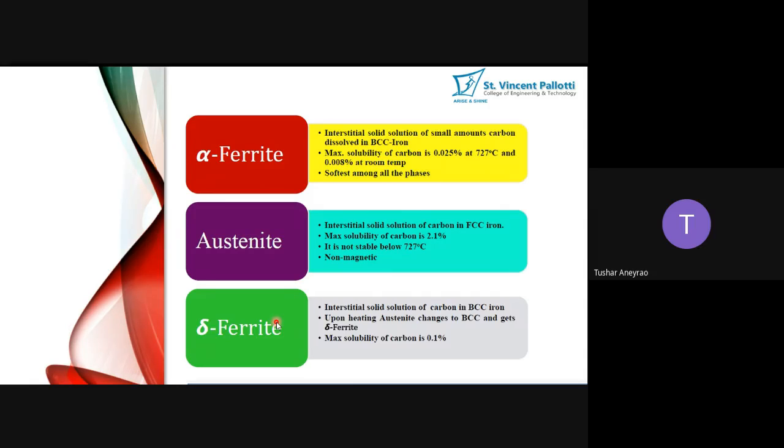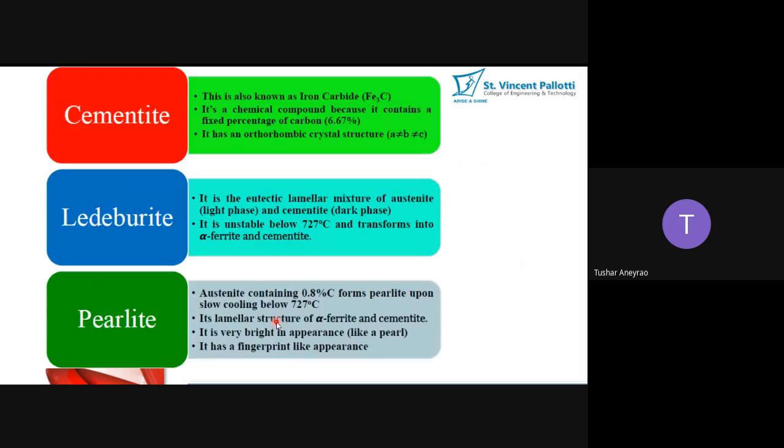Okay, then interstitial solid solution, BCC iron with 0.1% carbon. Cementite is the compound of iron and carbon, Fe3C, a chemical compound, and it contains 6.67% of carbon and it has an orthorhombic crystal structure.